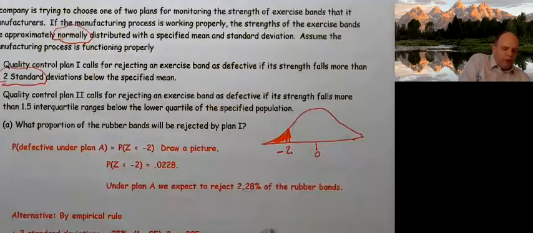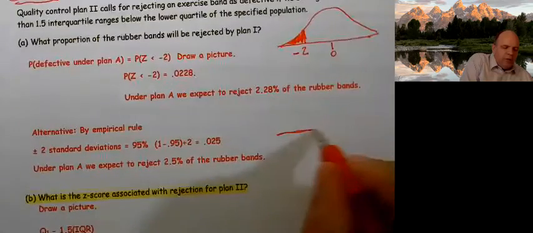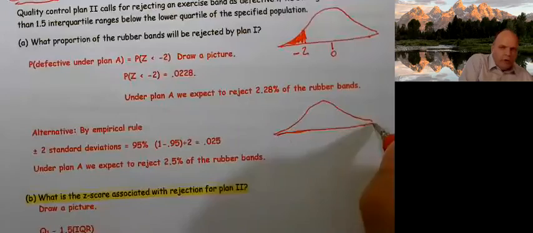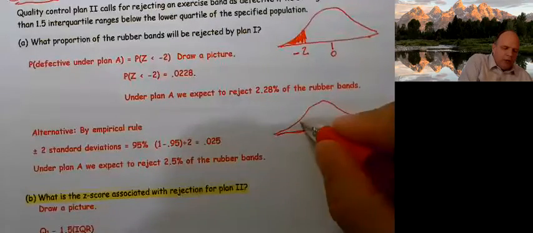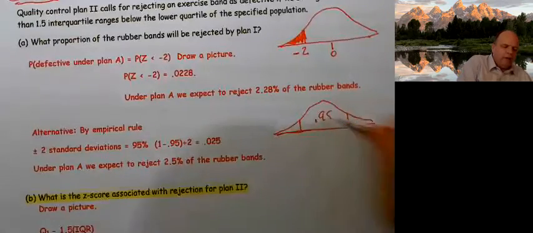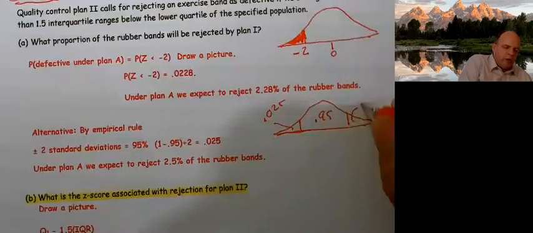And the empirical rule says this. And by the way, if you did the empirical rule, I would highly recommend that you draw a picture so that people know that that's where it came from. All right. So if you did the empirical rule and you said 0.95, then you go, okay, this area is 0.025, this area is 0.025.